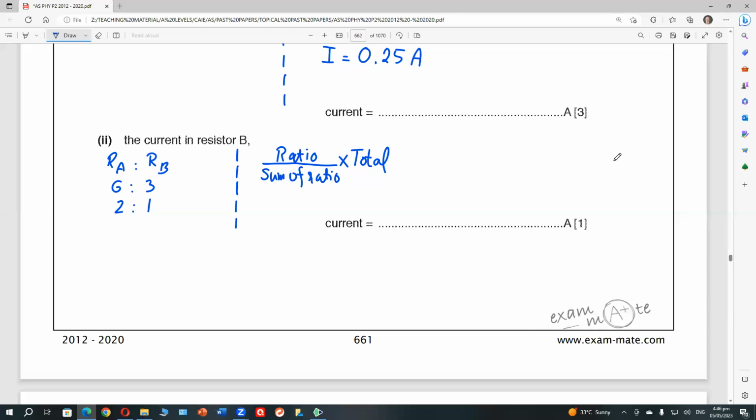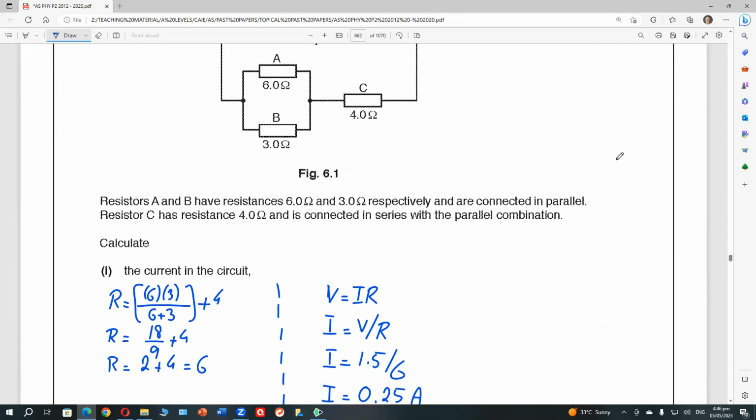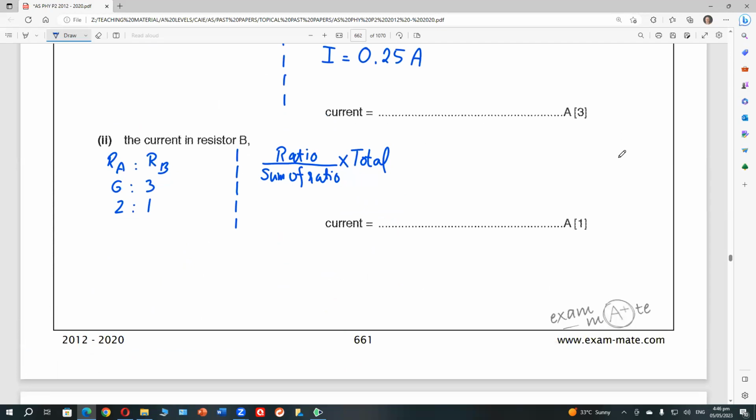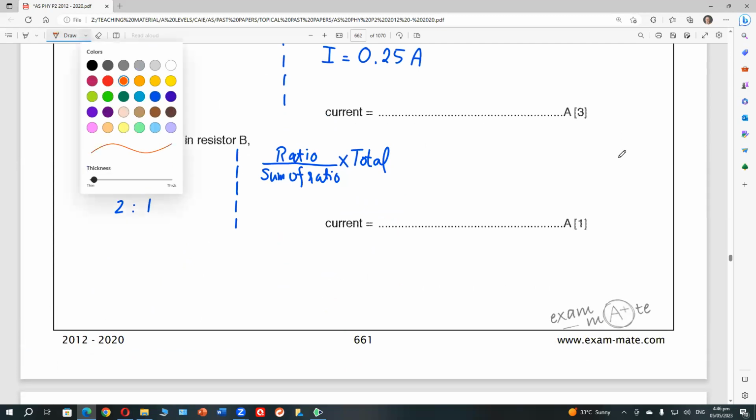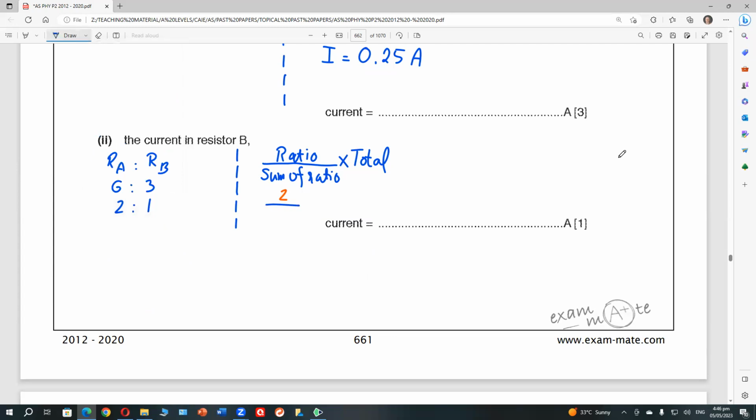I want the current in resistor B, but I will be using the ratio 2 because current divides in opposite ratio. It is 0.167.